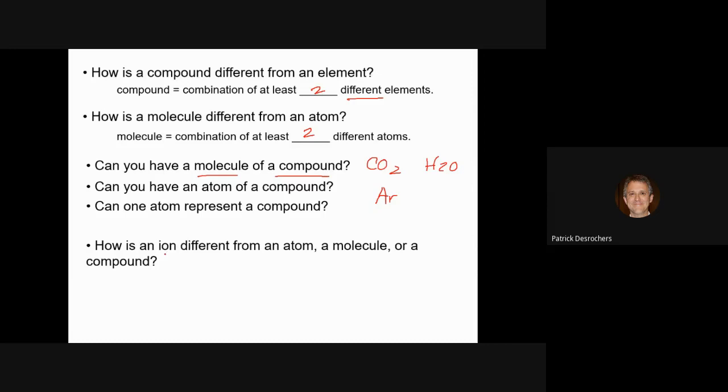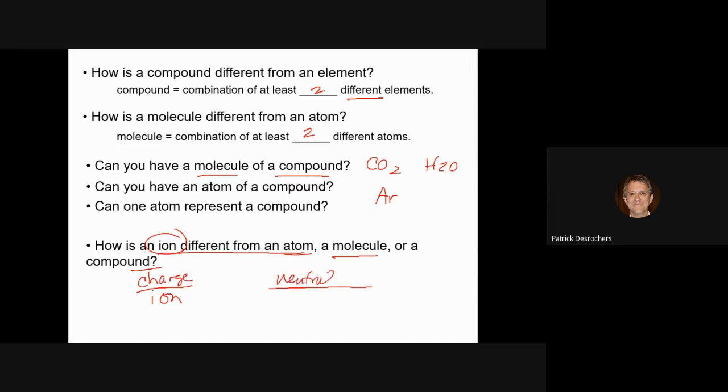All right. Last question before we do some examples. How is an ion different from all the rest? Something about an ion that makes it unique. It has a charge. Ion. Okay, this guy has a charge, and these guys are all neutral.